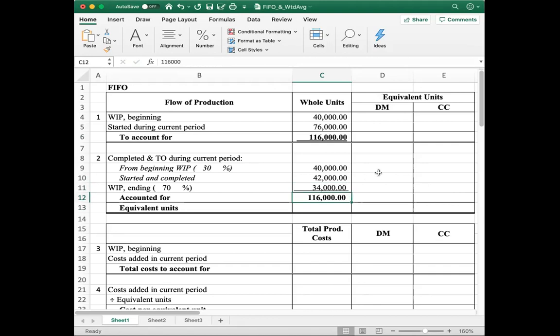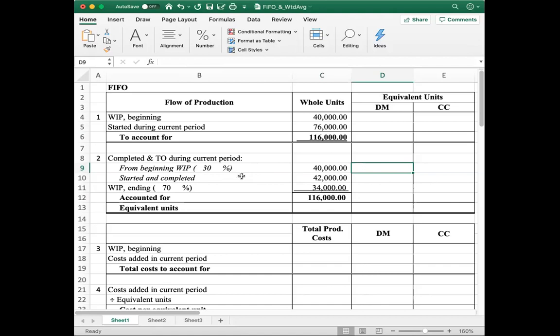Next, we are going to calculate the units for direct material and conversion cost. So let's start with the direct material. The question suggests that Z Corporation adds all material at the beginning of the process, right? So in the beginning work in process, it says that 30% is completed. If all the material is added at the beginning of the process, that means you have added all the material in the prior period.